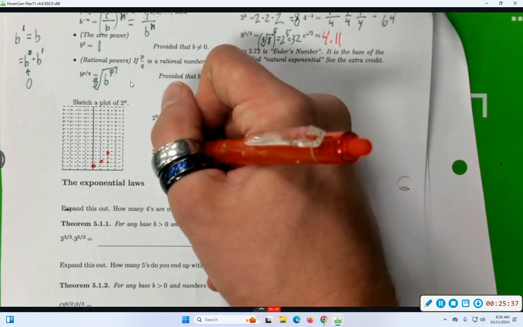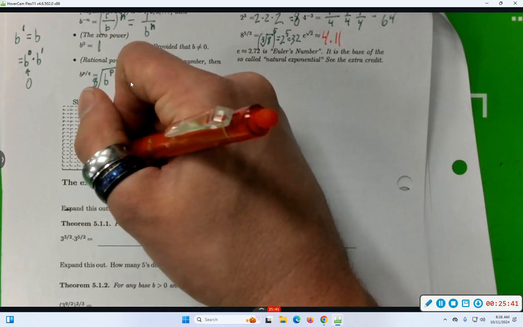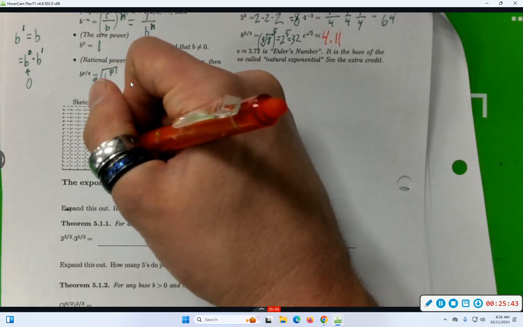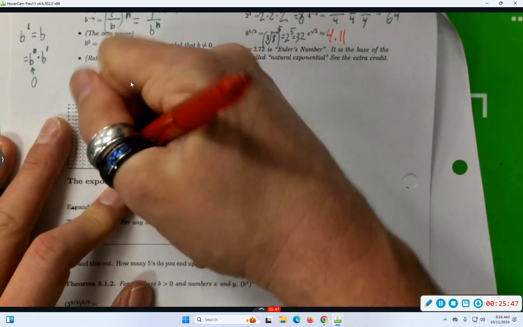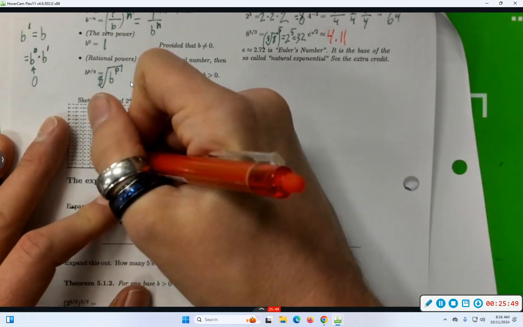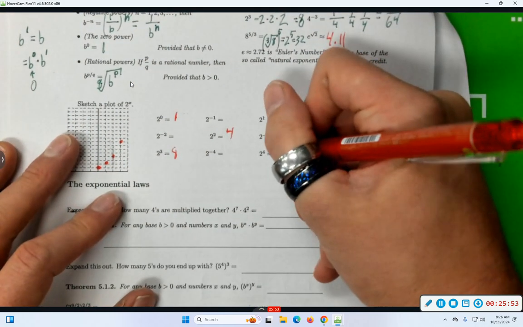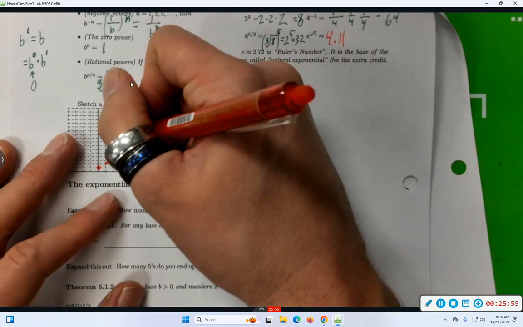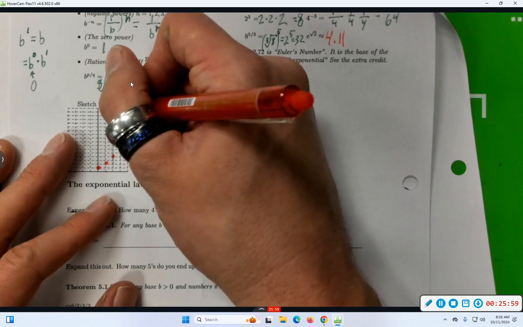Again, twice as big. It's 8. So there's 1, 2, 3, 4, 5, 6, 7, 8. 2 to the power 4 is double that at 16. So there's 8, 9, 10, 11, 12, 13, 14, 15, 16.